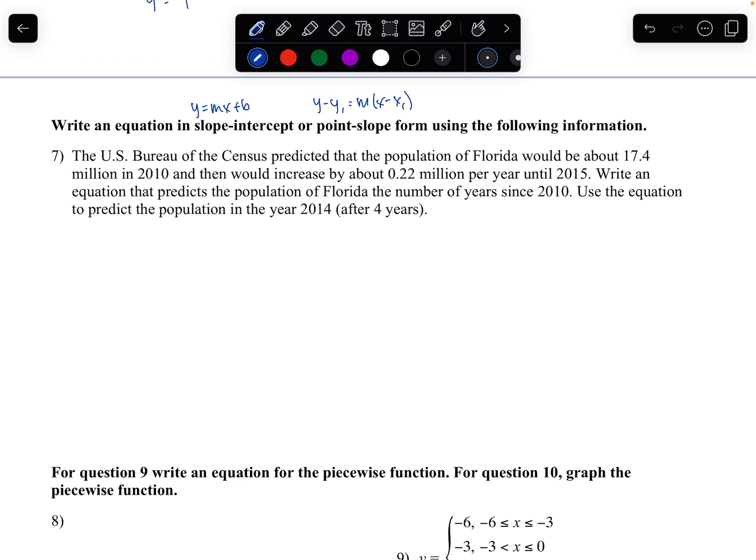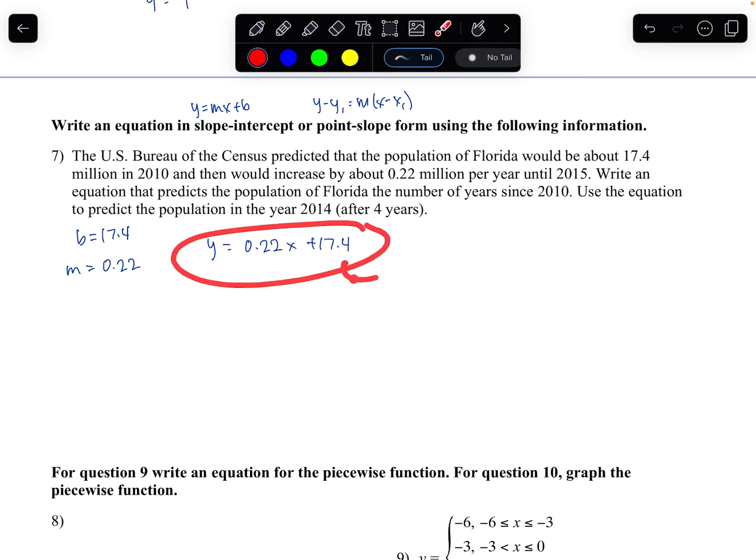So b is equal to 17.4, while the slope is 0.22, which is the rate at which the population is changing, 0.22 million per year until 2015. So rate and initial amount. Using my formula, y equals 0.22x plus 17.4, I now have a model equation for the situation described here.